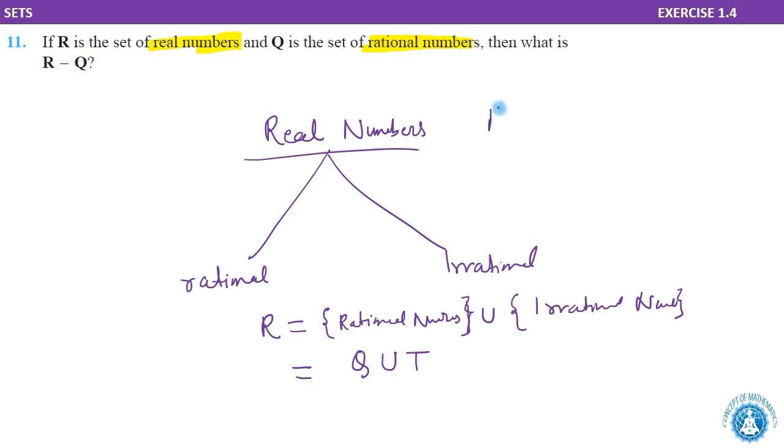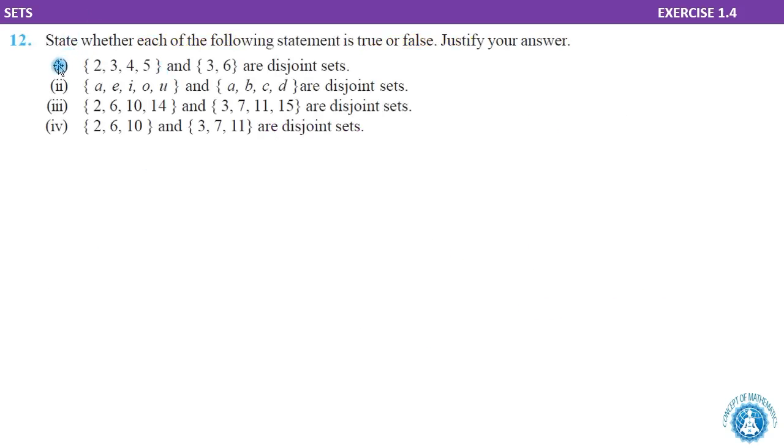So R minus Q is equal to T, correct? That is set of irrational numbers. Next is state whether each of the following statements is true or false. We have to find out which is true, which is false. Justify your answer.